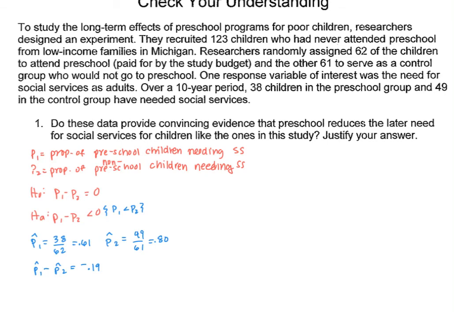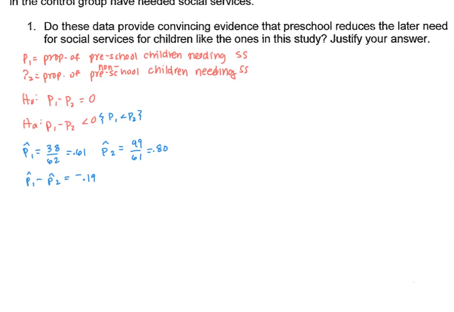We know since we're doing a significance test, we're going to need our combined proportion. So you might as well get that while you're at it. 38 plus 49 over 62 plus 61 is 0.71. That's what we're going to use for our test statistic formula. And they don't say an alpha, so let's use 0.05.